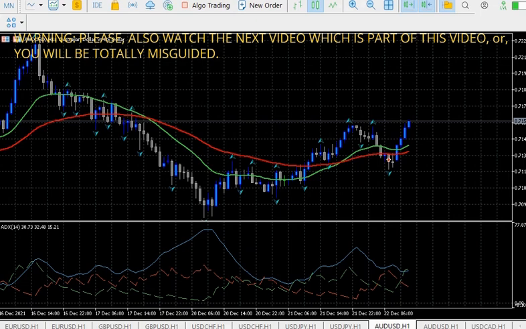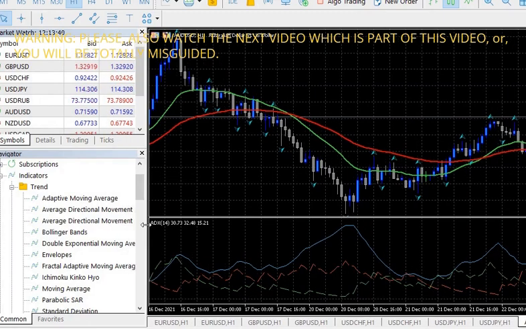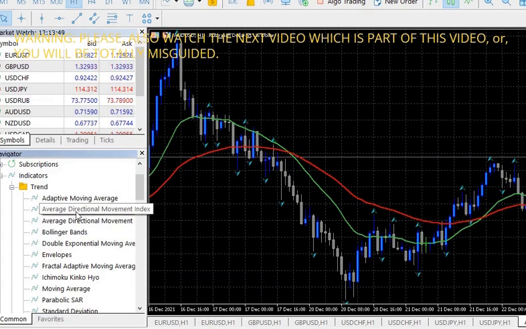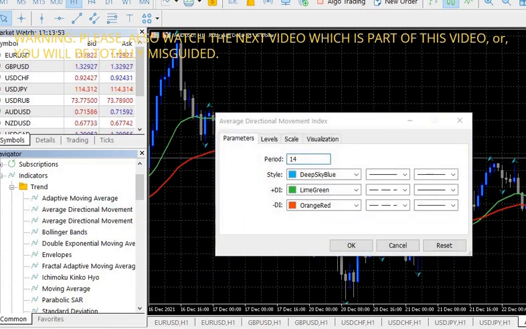So let's get quickly to the introduction of the indicator and setup. Let's not waste the time. From the indicator pane of your MetaTrader 4 or MetaTrader 5, click on the average directional index, drag it here, and this is how it will look.